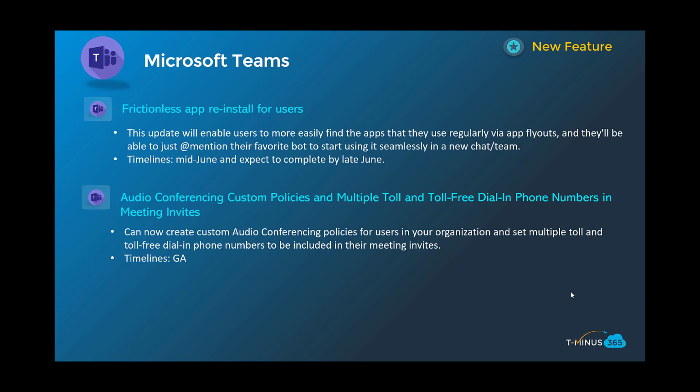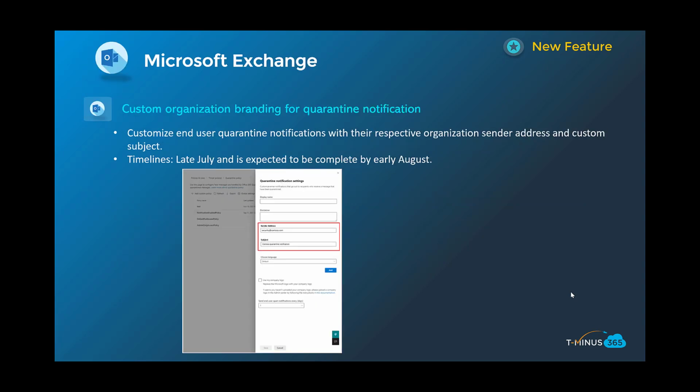So this could be intra-organizational, meaning that you have an organization that services 2 different markets and they're all collaborating together, or you may have an organization that serves a different market, one in the US, one in the UK, for instance. So just giving them the ability to have multiple phone numbers and being able to control that within the Teams Admin Center. This is GA today if you want to go check that out.